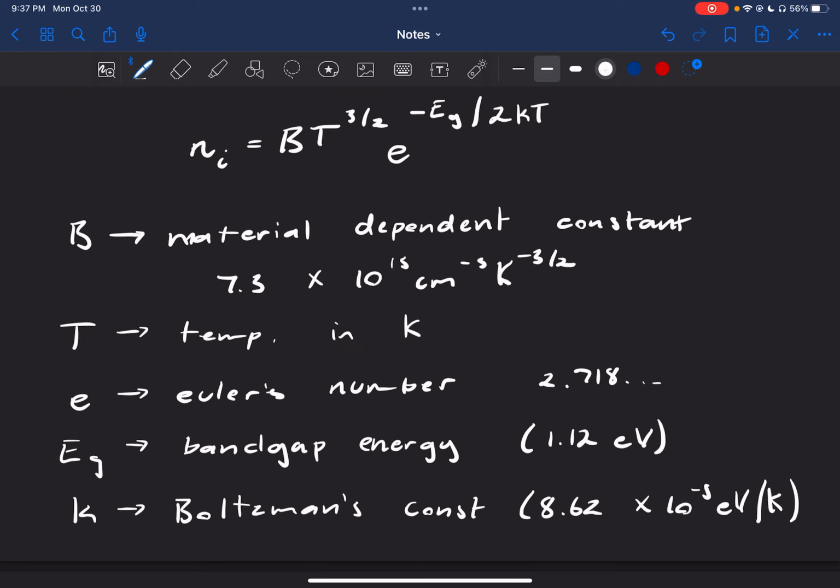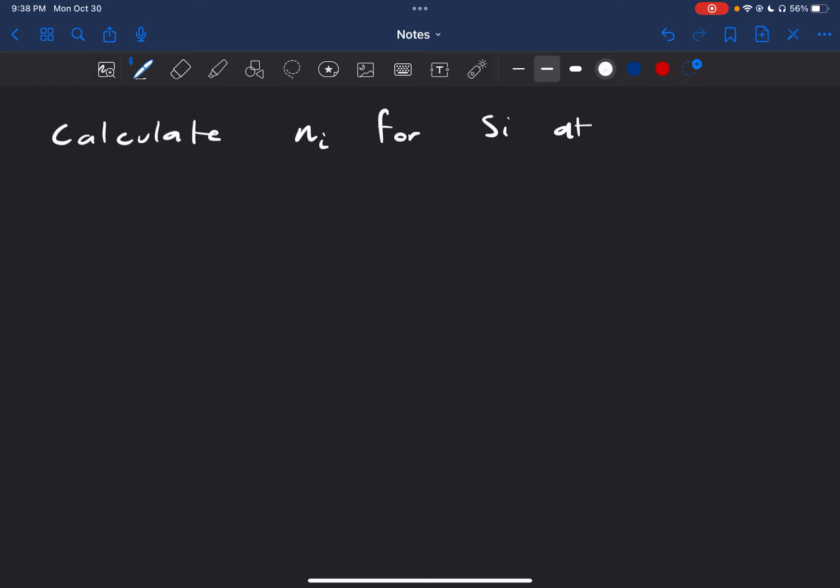So we're going to use this formula to solve some problems. The first problem we're going to look at is calculate n_i for silicon, which is just Si, at 300 Kelvin. So n_i, if you remember, is just the concentration of holes and electrons per unit volume.